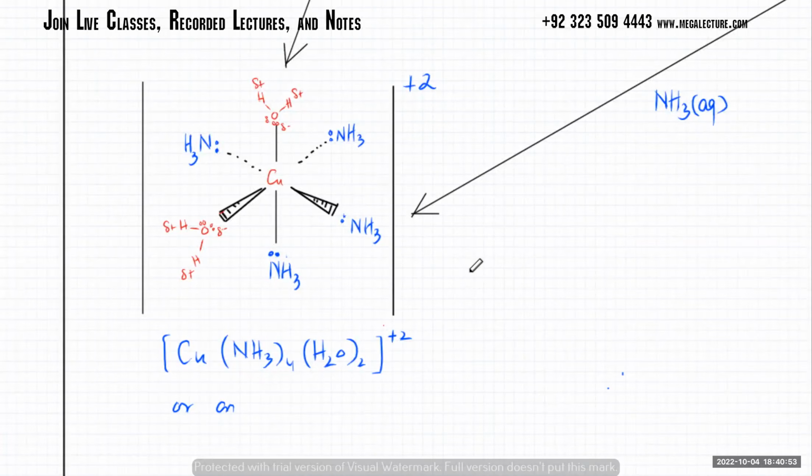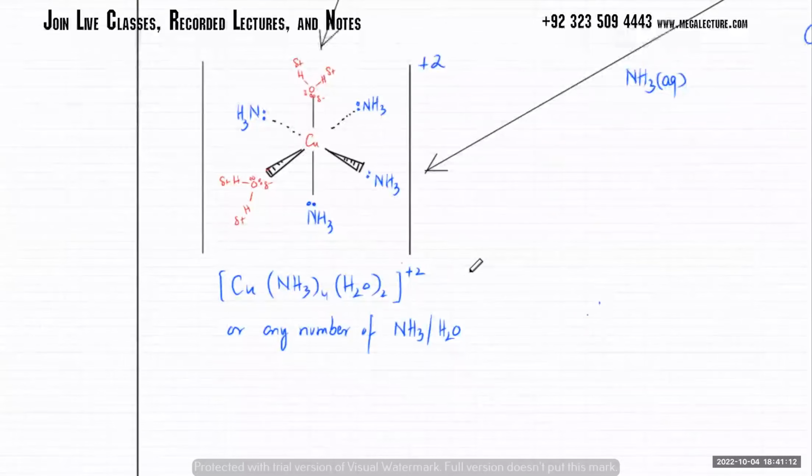Yes, sir. So here, any number of NH3 or water molecules. You could basically have all 6 of them being ammonia as well. So you can have 6 NH3s.